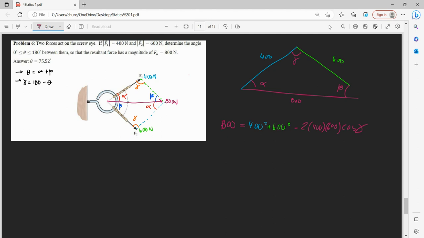So that's 800 squared minus 400 squared minus 600 squared, which is negative 120,000. And 2 times 400 times 600 is negative 480,000.